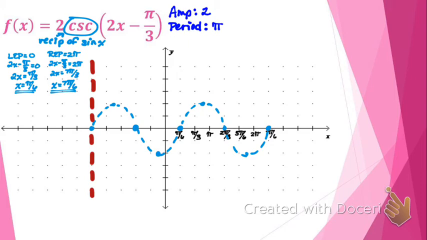Because of where the left endpoint and right endpoint fall, I would count by pi over 6s. This is where knowing your unit circle is really, really helpful.